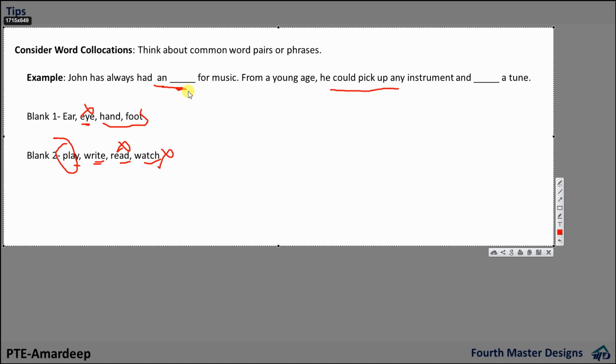It is used in this musical instrument context. So this is a common phrase in this particular industry. If you say I can play a tune, it means you can also do something like that.